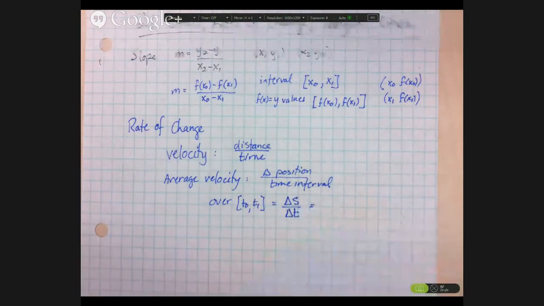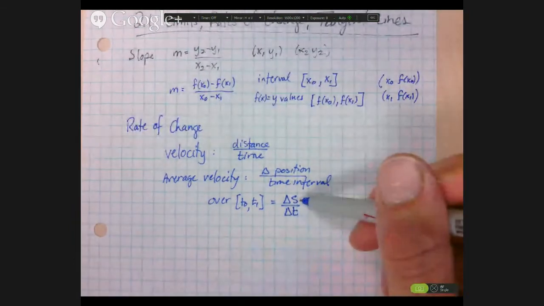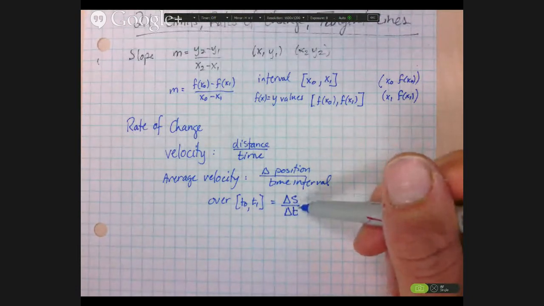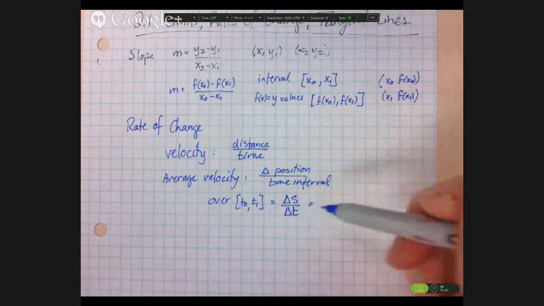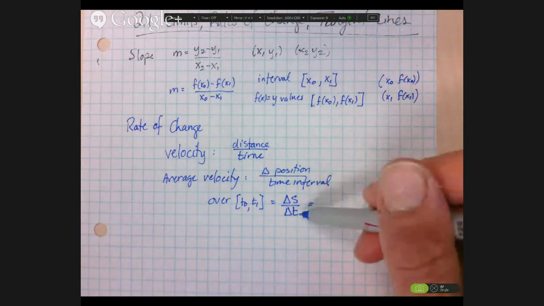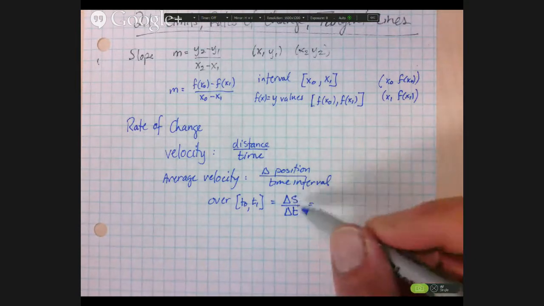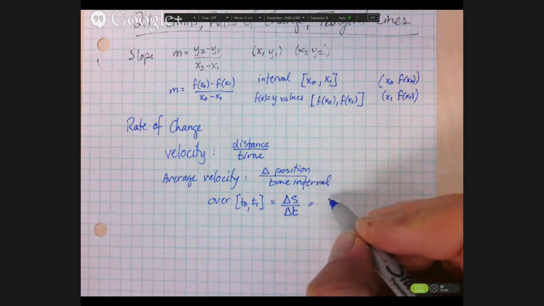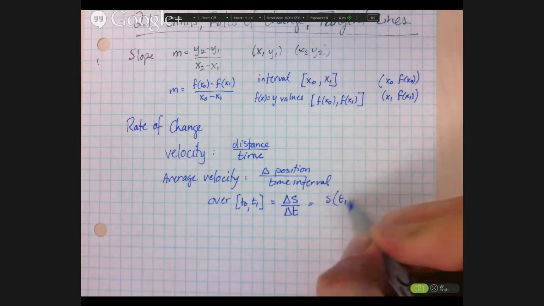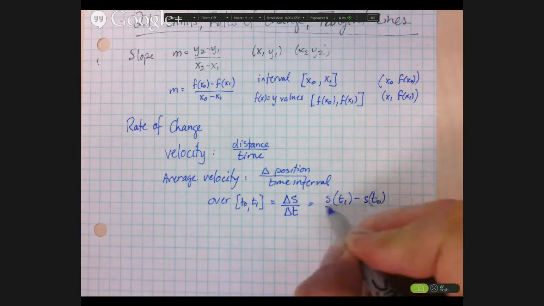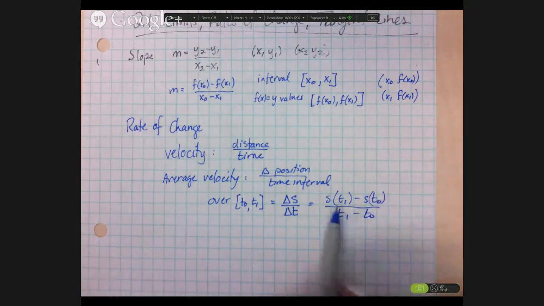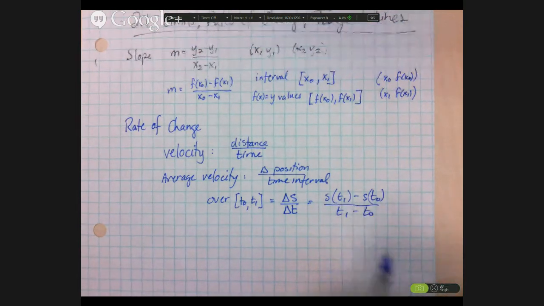So position, you're going to see a lot this year, is denoted S. A position function will be S of t. Position of a function is a position as a function of time, S of t. But this is change in S, or position, over time. So there's that position function. The function of position at time 1 minus the function at time 0.